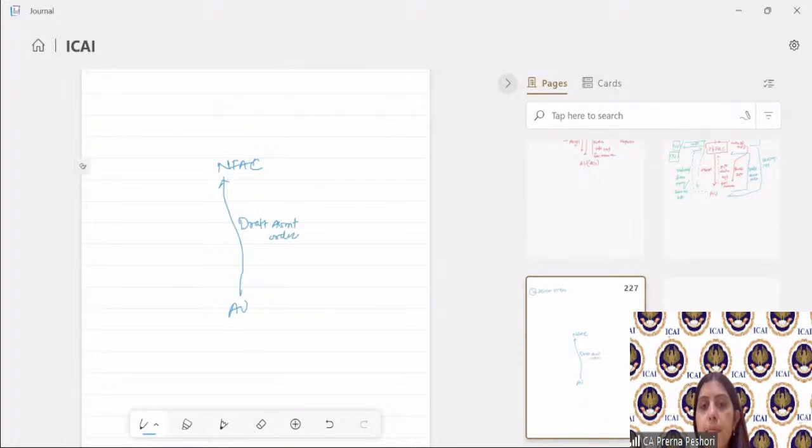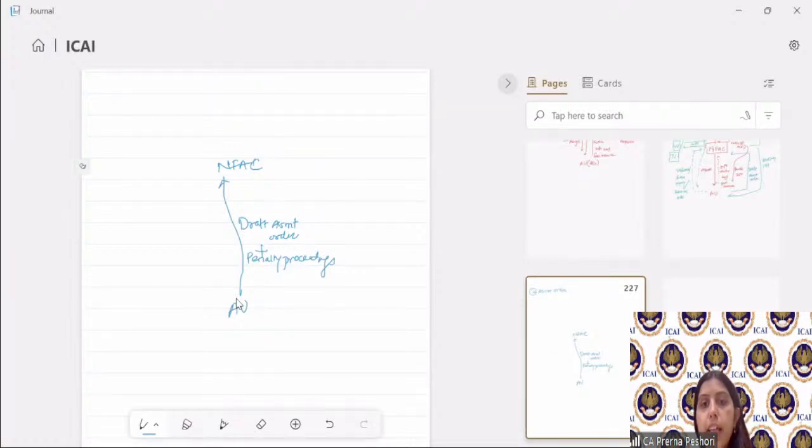Is that clear? Plus, it will start if the penalty proceedings are to be implemented. So if there is any penalty to be levied, that also will be given.